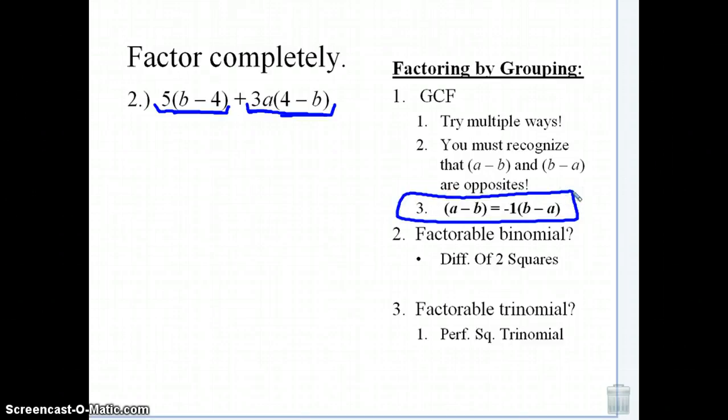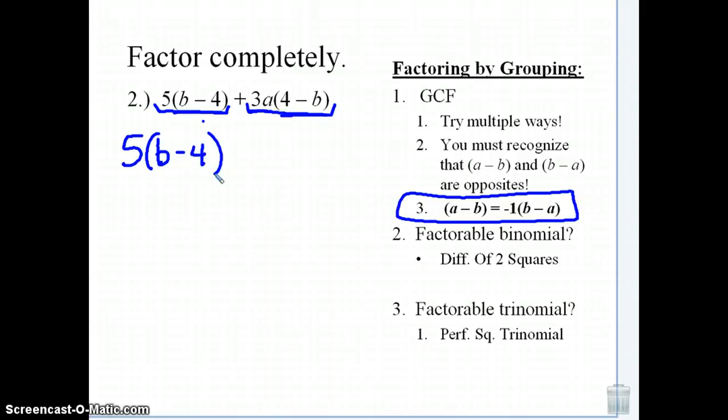I have 4 minus b, and if I want to change positions using the commutative property, I can move them around, but I also want to change the signs. So I factor out a -1, right? So when I look at this one, I like this first one right here. So I'm going to keep this one the same. I'm going to say 5 times b minus 4. I like that one.